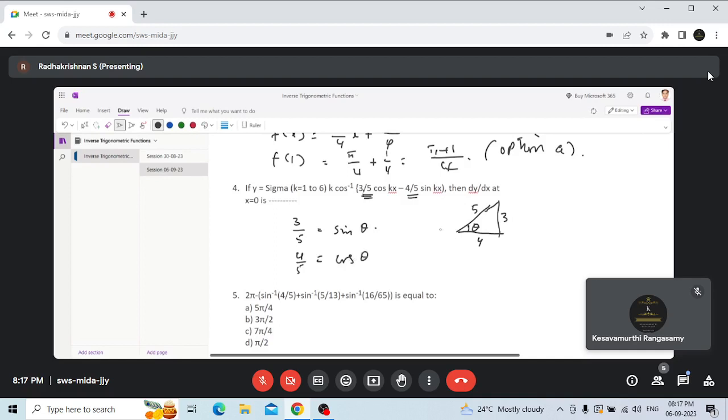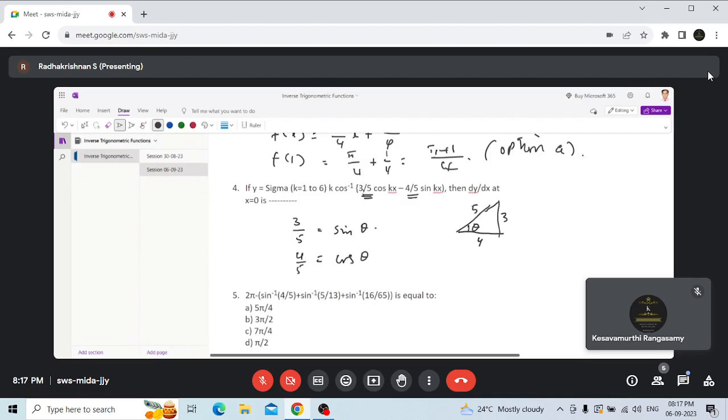Suppose for some theta, sin theta is 3 by 5, cos theta is 4 by 5. So that we know, right? So this expression becomes sin theta cos kx minus cos theta sin kx. So something like an expression that we know, right?